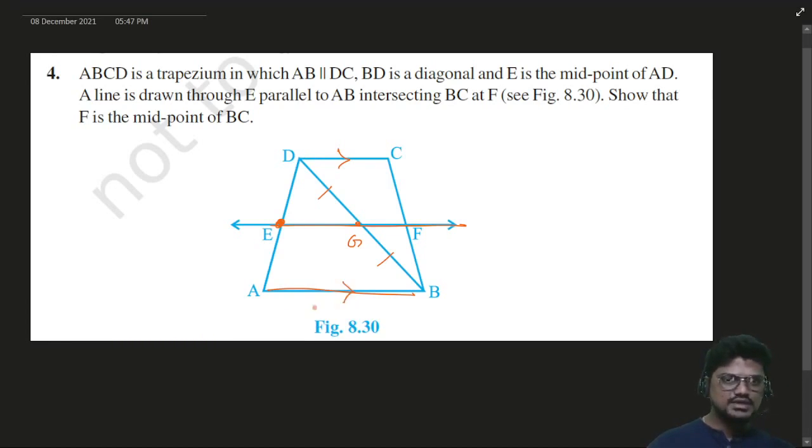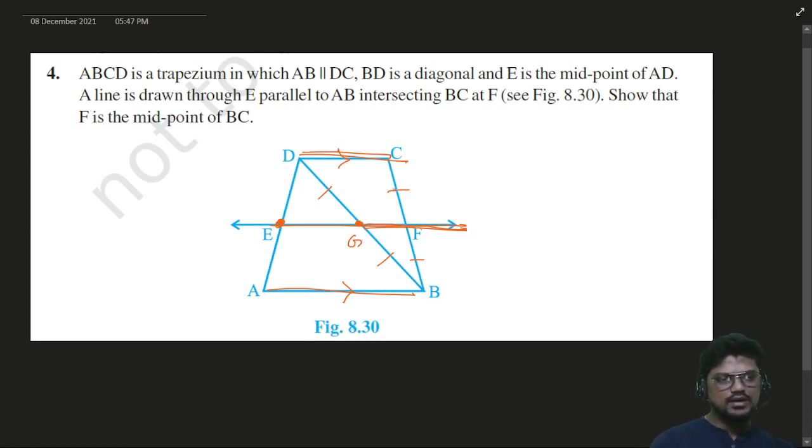So if AB is parallel to DC and EG is parallel to it, then EGF is also parallel to BC. Again, this is the midpoint, and this is drawn parallel to the third side. Therefore, this line will bisect these two. So this side will be equal to this side, and therefore BF will be equal to FC.